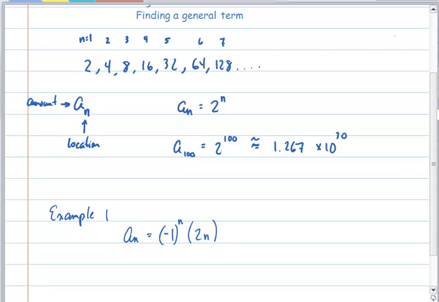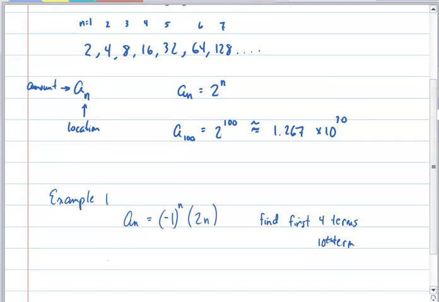Another type of problem that you had to do last week was, given a certain sequence equation, find the first 4 terms, and maybe find the 10th term. So in this case, what you had to do is write out each term, making sure you first write it out explicitly.